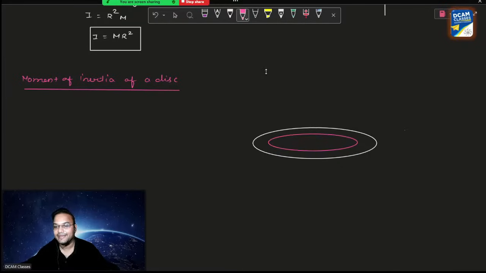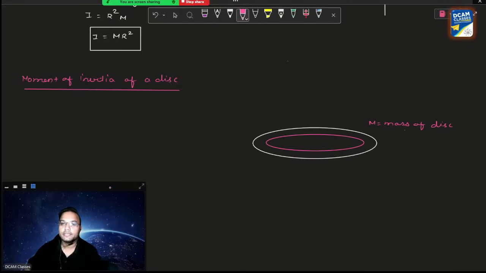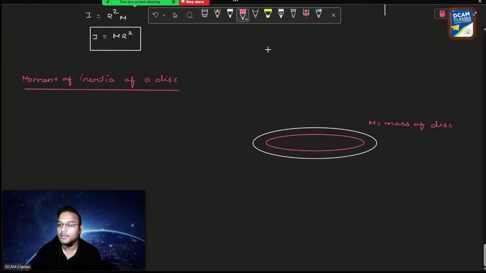Is it easy or difficult for you? Take the total mass of the disk as m, and r is its total radius. What would dm be for this?